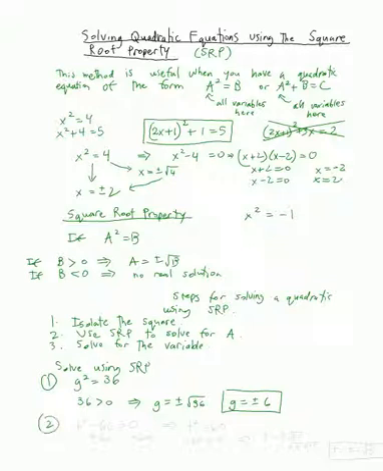Okay, let's look at the second one. T squared minus 60 equals 0. Notice here my square is not isolated because I have a 60 on the same side. So I'm going to add 60 to move it over here. That leaves me with t squared equals 60. Now, since 60 is positive, I write t equals plus or minus the square root of 60.